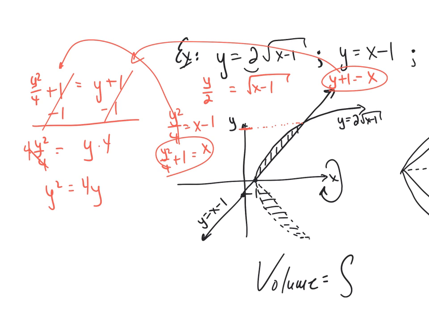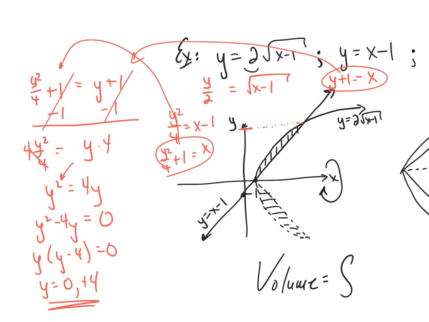And because it turned into a second degree equation, I'm going to get 0 on one side. So I'm going to move the 4y to the left by subtraction, and then factor out what's common. What this tells us is, when I set each factor equal to 0 and solve, the two curves hit each other when y is equal to 0 and y is equal to 4.